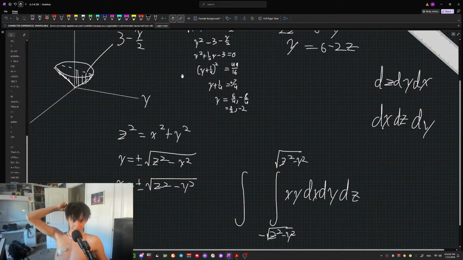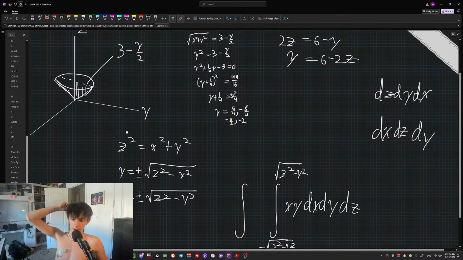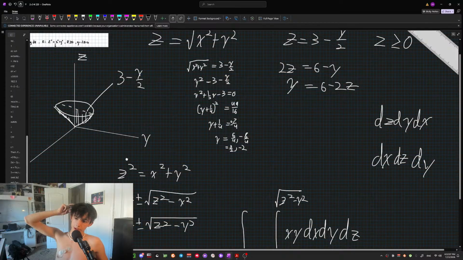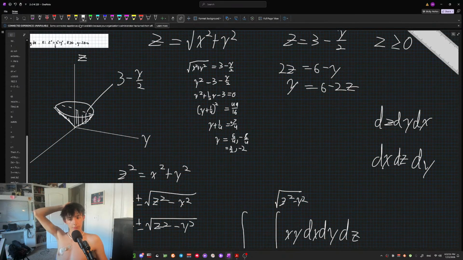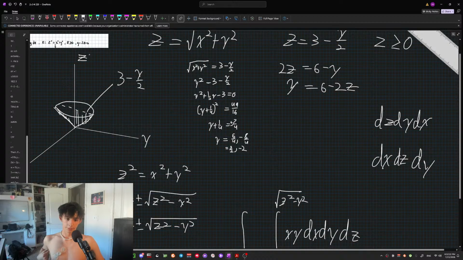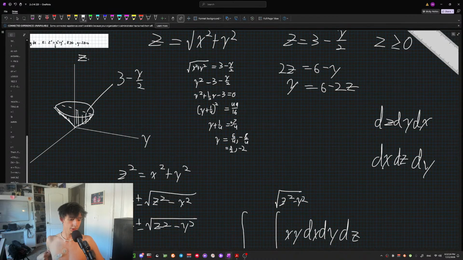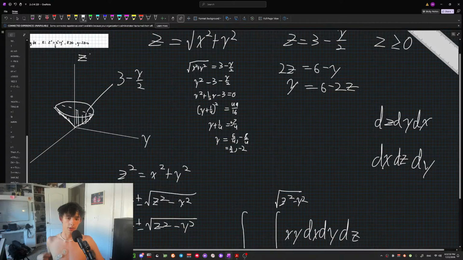And then we're doing from z equals 0 to z equals 3 minus 3 over 4. 6 minus 3 halves, that's 12 minus 3 divided by 4, okay, so that's 9/4.